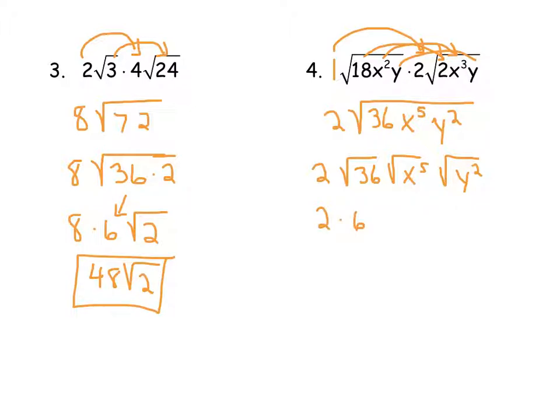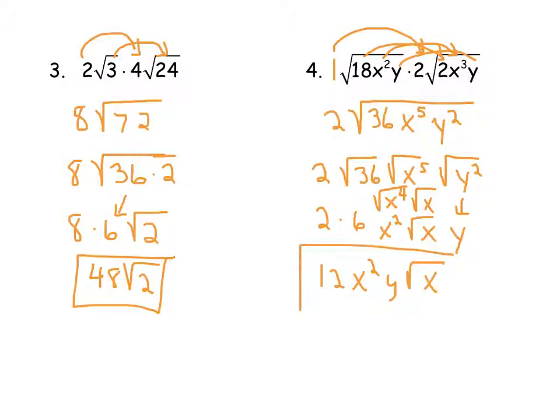Now x^5 needs to be broken down into the largest perfect square, which would be x^4 times x, and I need to take the square root of x^4, which is x squared, and then the square root of x, which I have to leave under the radical. Then I'm going to take the square root of y squared, which is just y. Now remember, I put everything together by multiplying all of the numbers and variables that are not in the radical, which is 12x squared y, and then I have to leave the radical x, and that would be my answer.